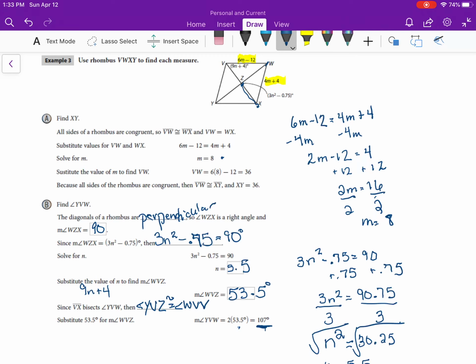So the measurement of YVZ is 107 degrees. Think about, as you're solving these, how you can use triangles and algebra to break apart these problems and find the missing measure.